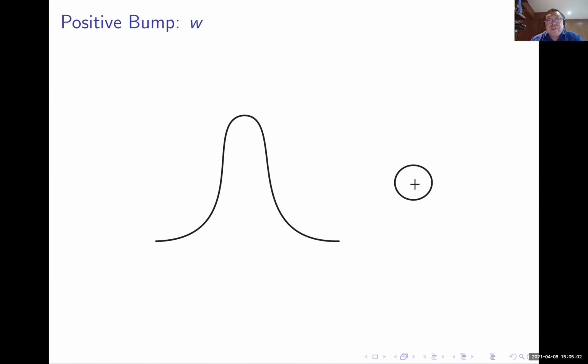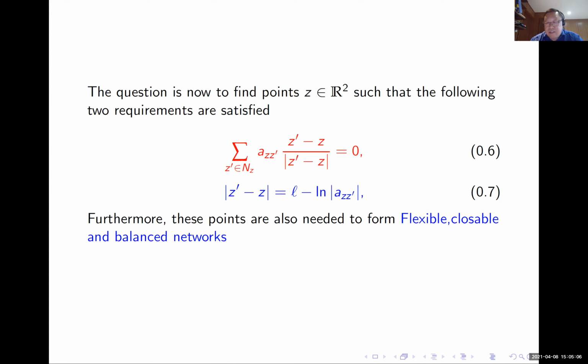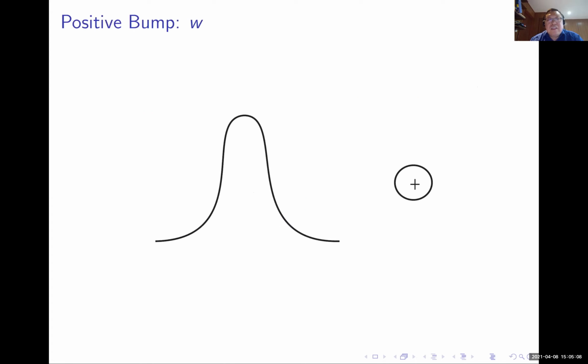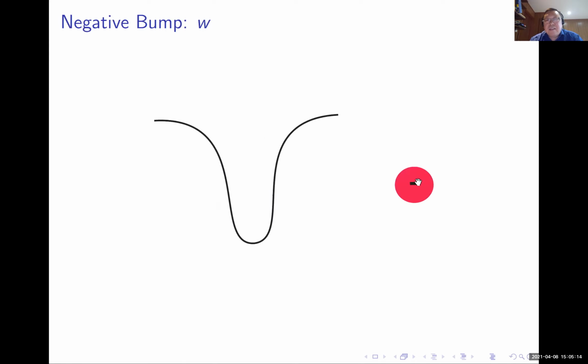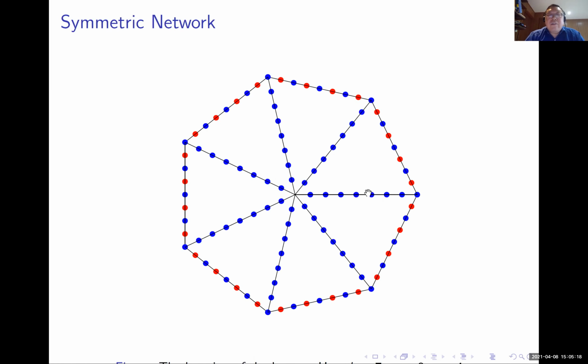So let me show you two cases, two networks. Let's say this is a positive bump, and this is a negative bump. The first network is a symmetrical network.